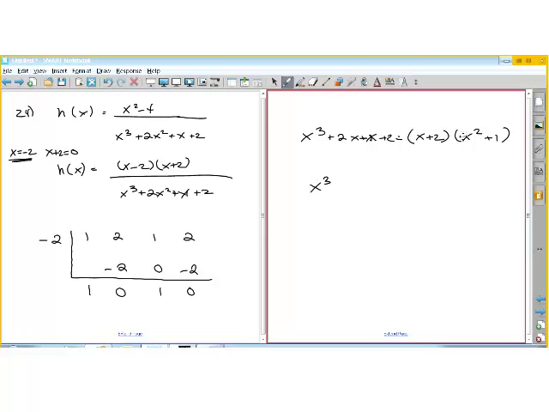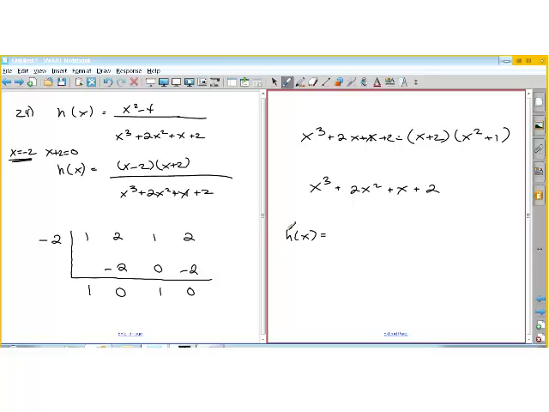If you multiply that out, let's just confirm it. Use FOIL: x times x squared is x cubed, 2 times x squared is 2x squared, x times 1 is x, 2 times 1 is 2, and lo and behold, that does work out.